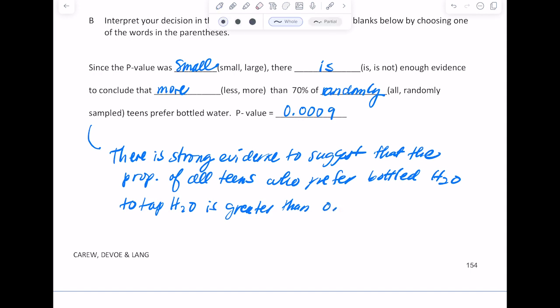And this should sound familiar to you because this part right here is the alternative.